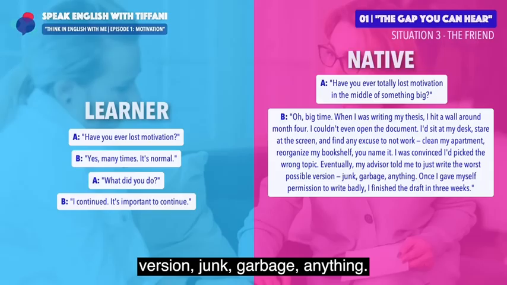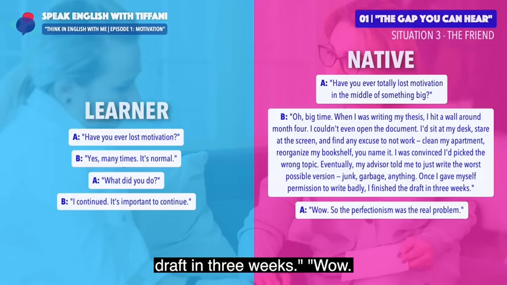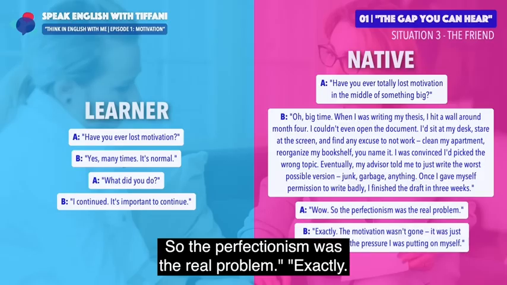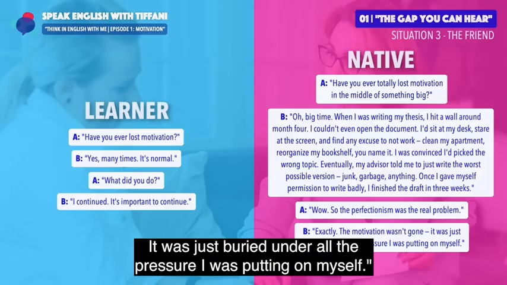Junk, garbage, anything. Once I gave myself permission to write badly, I finished the draft in 3 weeks. Wow. So the perfectionism was the real problem. Exactly. The motivation wasn't gone. It was just buried under all the pressure I was putting on myself.